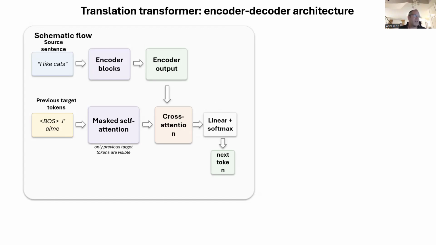At the end, we have a linear layer, softmax, and the prediction of the next token. The final part is very similar to the original text generation, but what makes this more complicated is the dual input and the cross-attention between them.